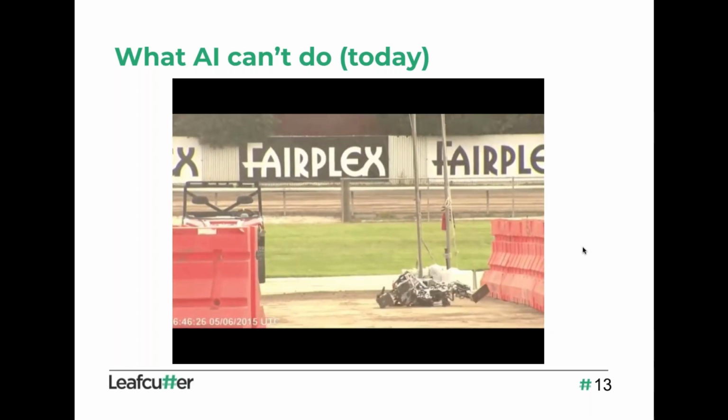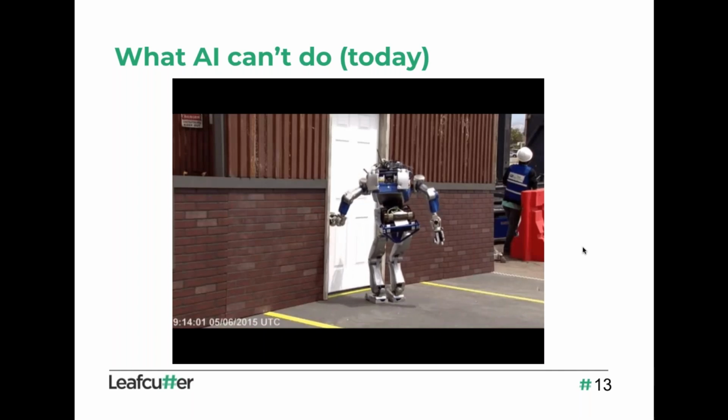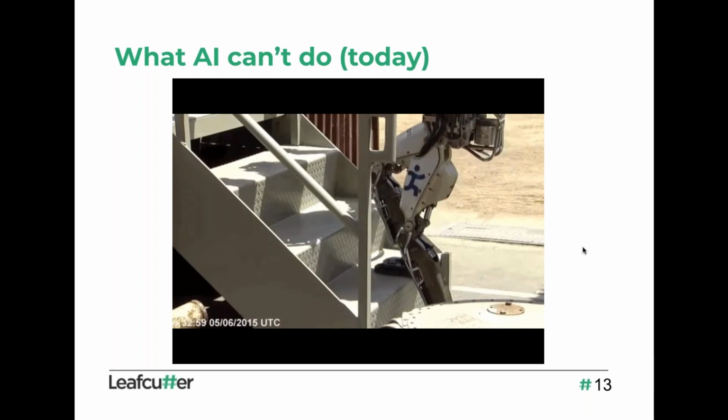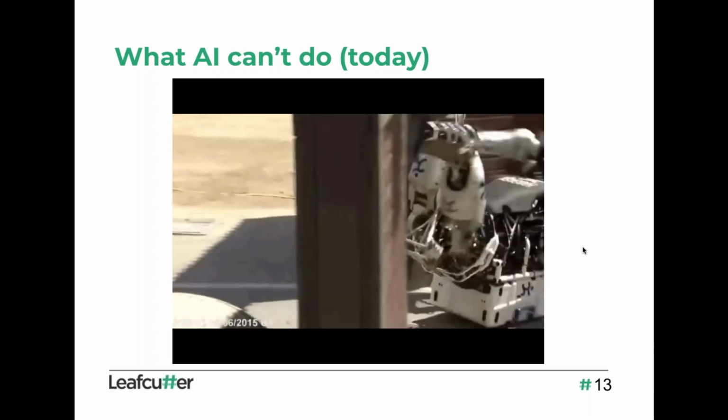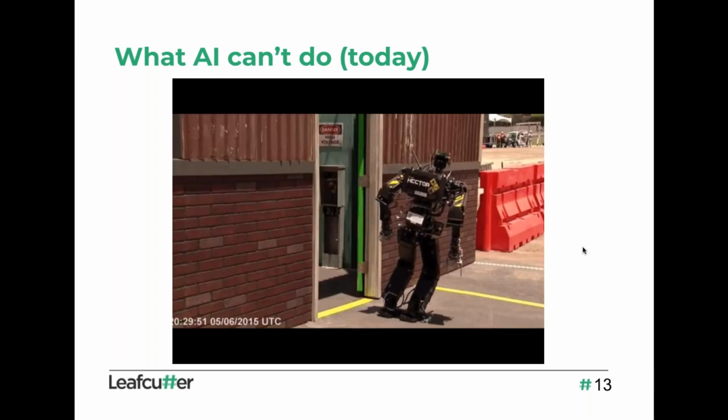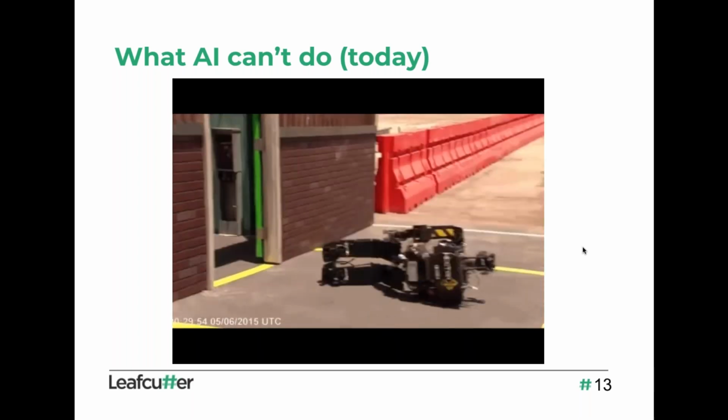And as you can see, something as simple as walking or opening a door, AI seems to struggle with. This is probably about 3 years old, so things have come a bit further, but the message is still the same.